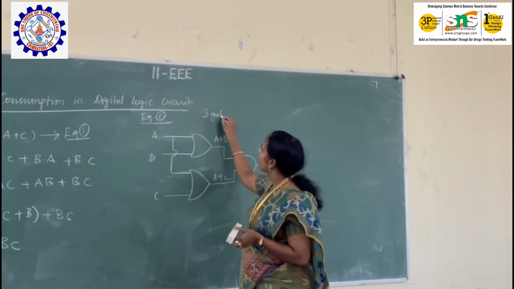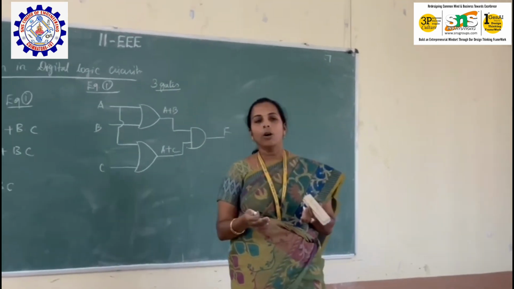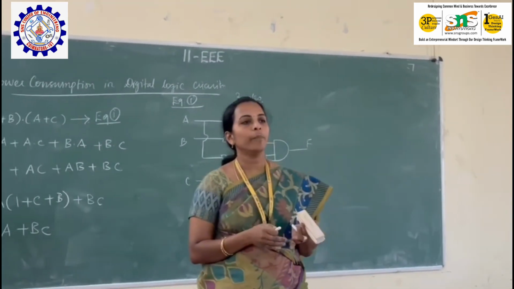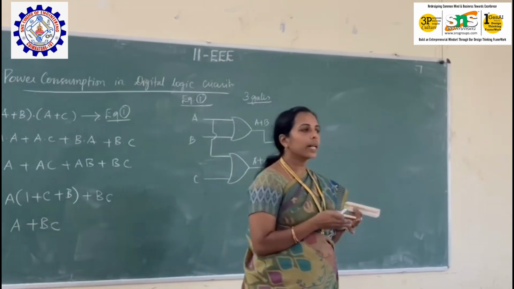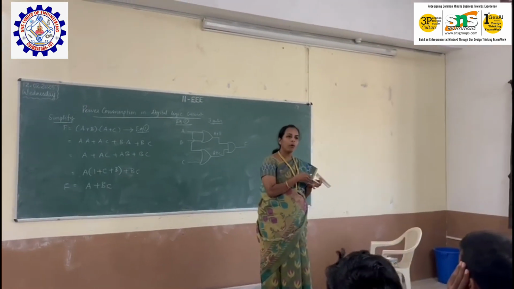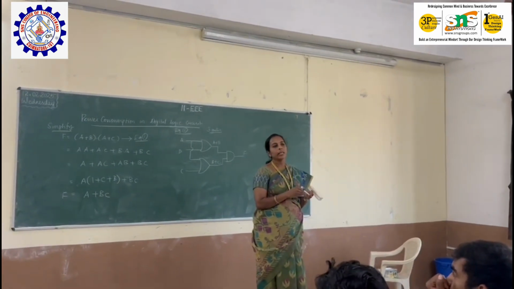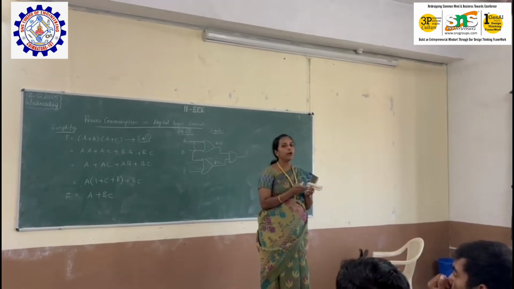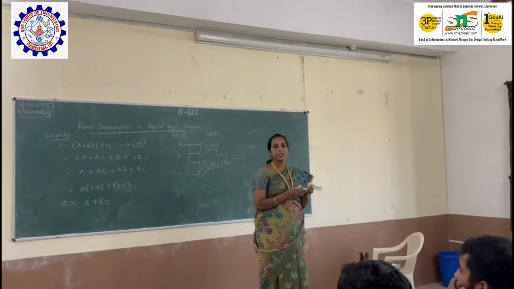See, every gate, when it is moving from 0 to 1 or from 1 to 0, a transition is there, isn't it? That is, the transistor is switching from 1 to 0 or from 0 to 1, right? In both these transitions, we call it switching activity.